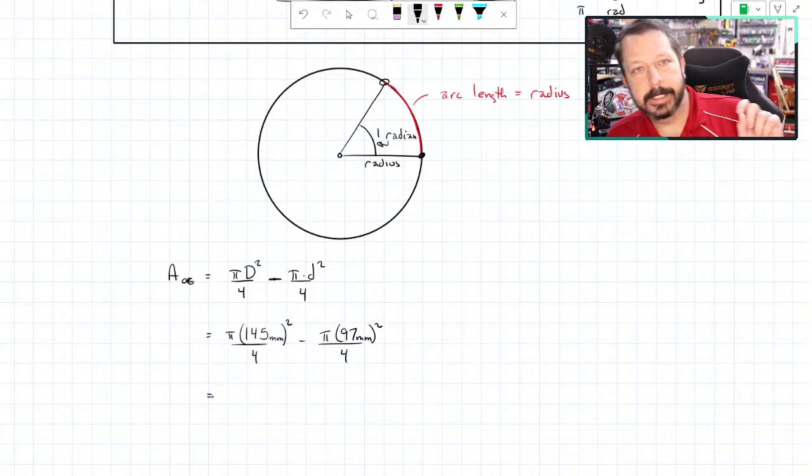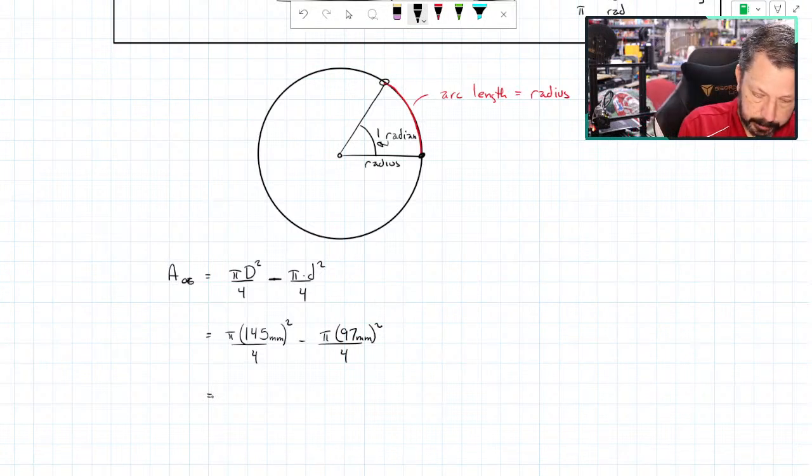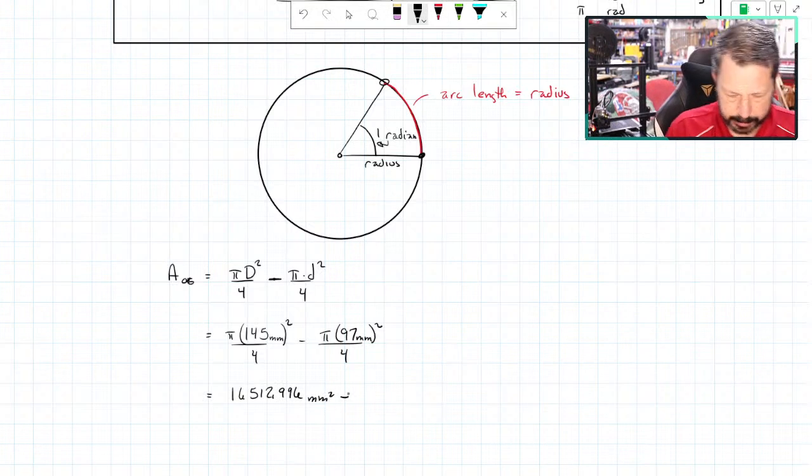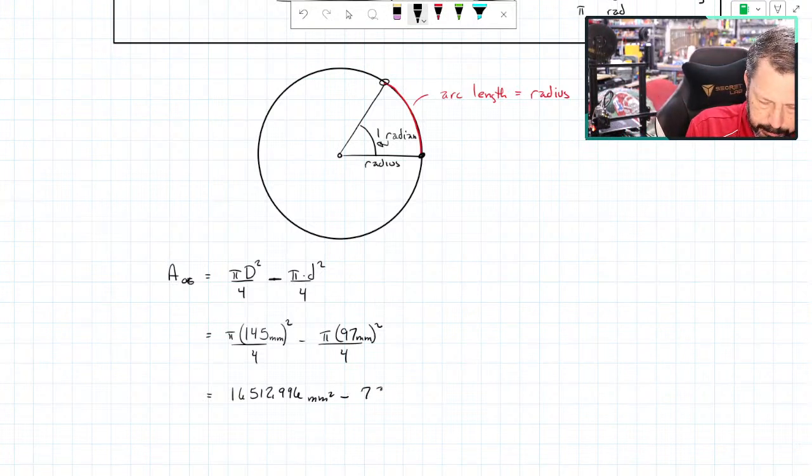So 145 squared times pi divided by 4 is 16,512.996 millimeters squared, minus 97 squared times pi divided by 4, which is 7389.8 millimeters squared.